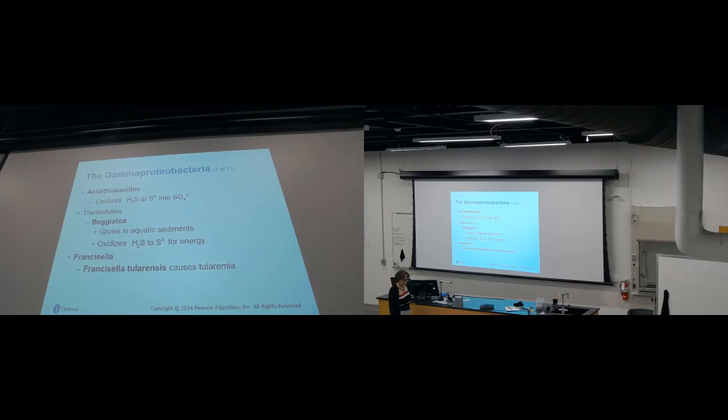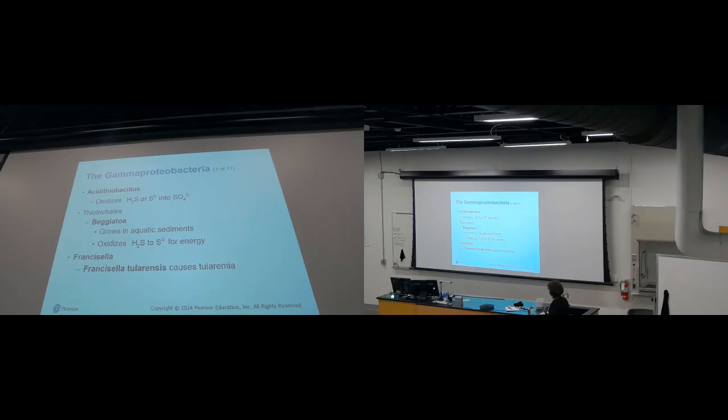Okay, now let's talk about gamma proteobacteria. We have bacteria like Acidithiobacillus, which is a bacillus that can oxidize hydrogen sulfide into elemental sulfur or into sulfate. So this bacteria is important then for the cycle of sulfur.